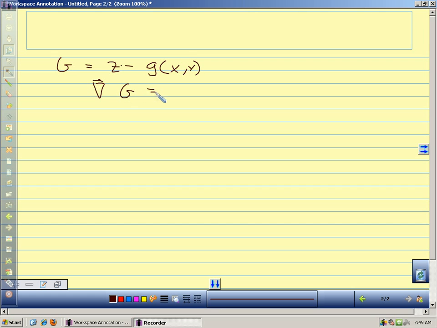Del g is minus dg dx i minus dg dy j plus k hat. This gives us the upward unit normal vector. Or this is giving me the upward normal vector. So when I have my surface defined in terms of g of x, y, z equals 0, del g gives me an upward normal vector. This is an upward normal vector.